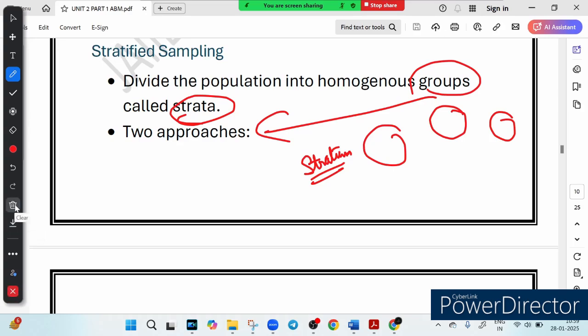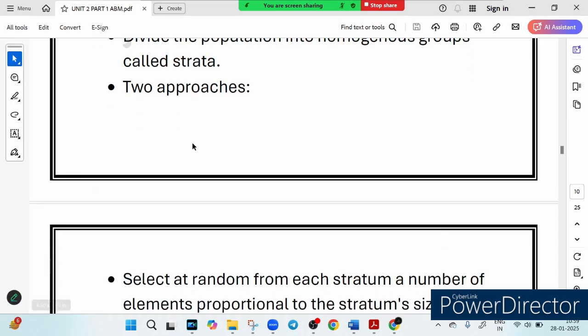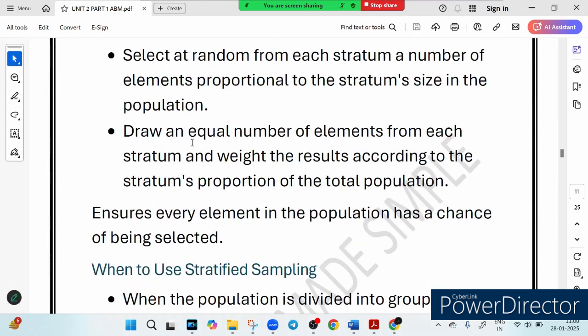Let me show you the approach. Here is the approach clearly written. You pick a random number of people from each stratum, and the number you choose is based on how big each group is compared to the whole population.